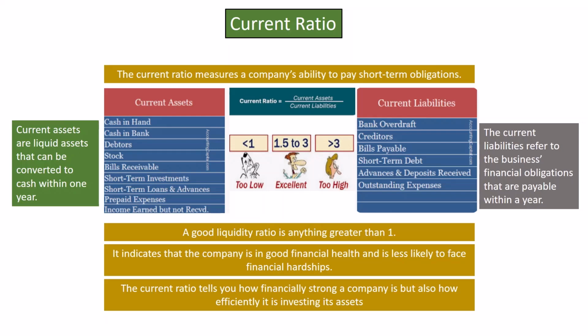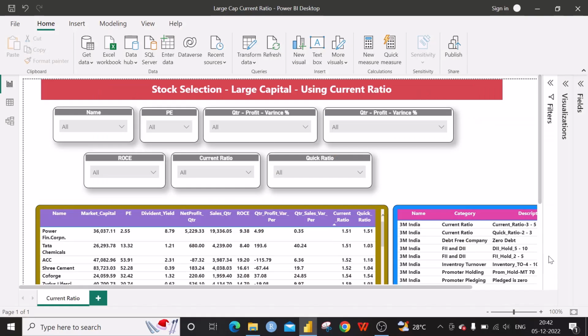Let us see how we can use our application to select the current ratio with other parameters also. This is the application we can use to select a stock based on the current ratio. This is used for the large capital. The large capital we consider if the market capital is more than 20,000 crores.